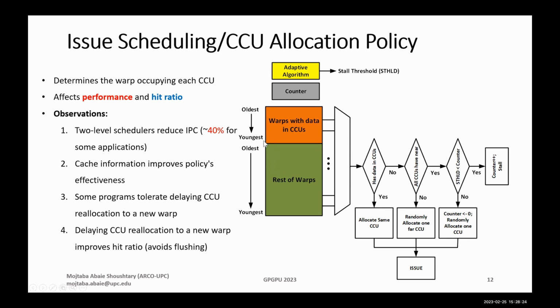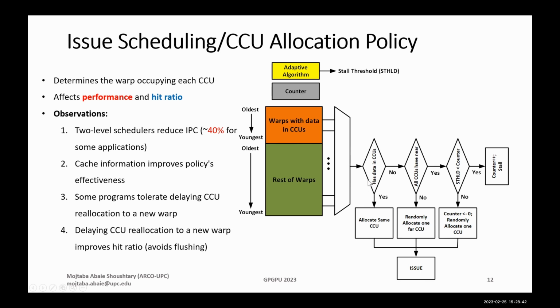So first, we define the priority that the scheduler considers to select a warp. We prioritize the warps that have data in the CCUs over the rest of the warps. And always in each category, the oldest warps have higher priority.